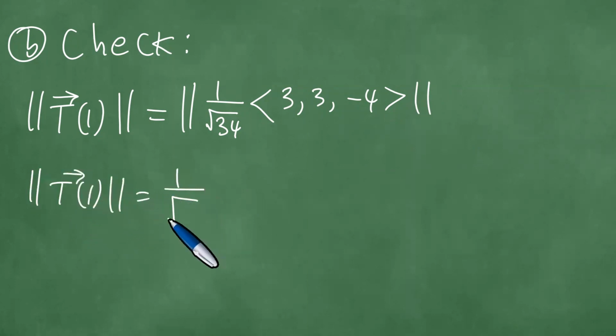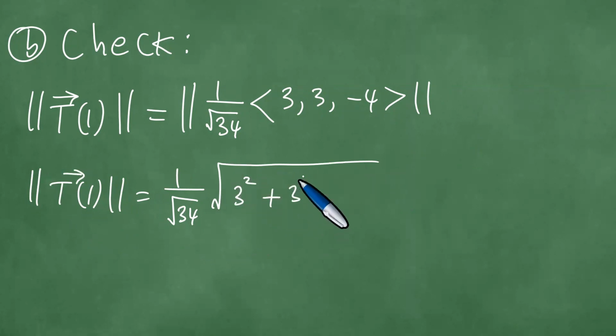Which is 1 over the square root of 34 times the square root of 3 squared plus 3 squared plus minus 4 squared.